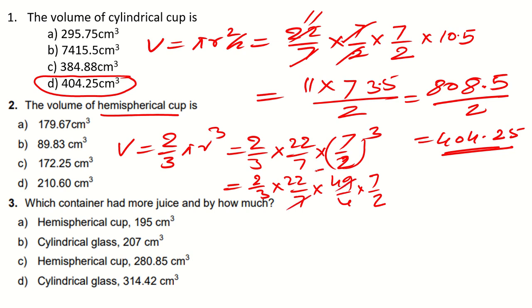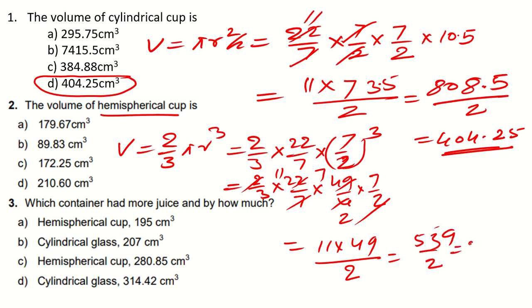So 7 times 7 is 49, 2 and 2 cancel, 4 and 22 cancel. So it is 11 multiplied by 49 divided by 2. I think I'm doing the correct calculation. 11 nines are 99, 11 fours are 44 and 9 is 53 over 2, and then 18.5.